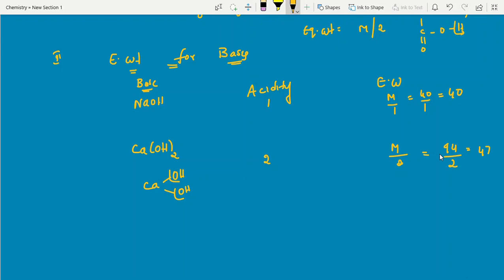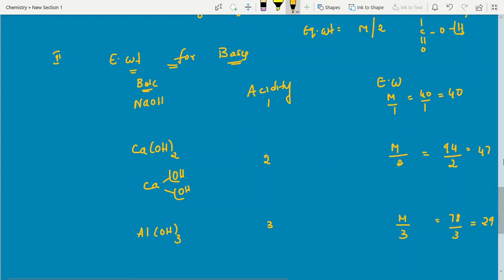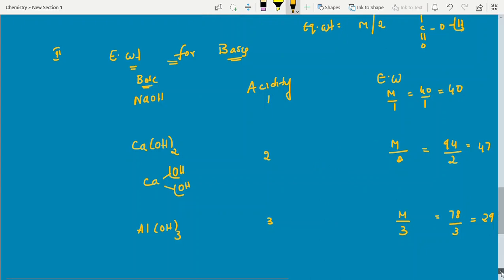Can you try this one? Here it is 3, so directly you can go for the answer, M by 3. Molecular weight 78 by 3. You can simplify. You will get the answer 29. Like that, for every base example you can directly calculate. Only acids will take time to understand and have little tricky questions.